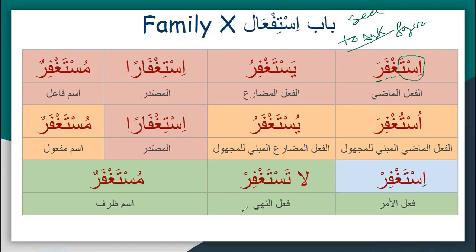Okay. So if you want to try with words, let me give you some words. Ain, Jim and Lam: ajal. If I want to put this root in this family, what do I have to do? I simply have to put ist in the beginning. Sorry, ista.